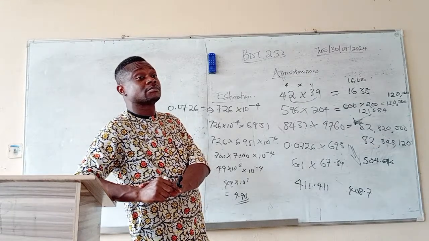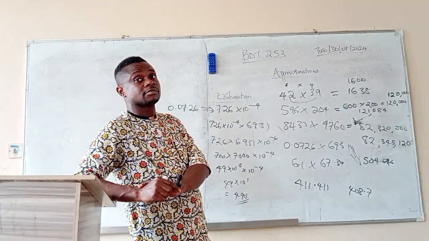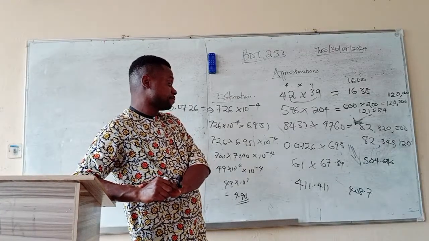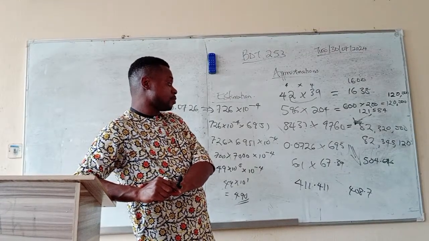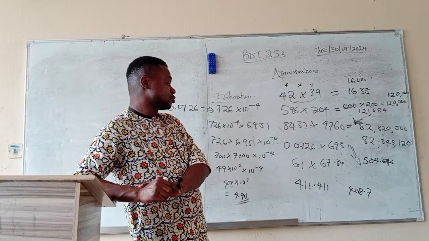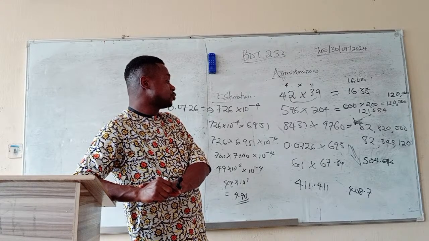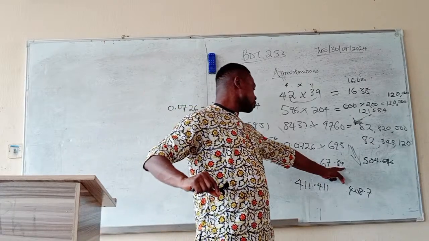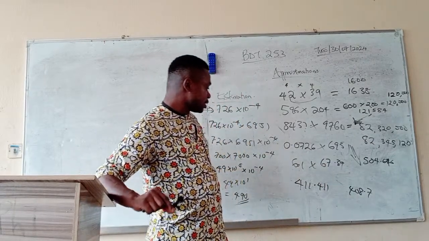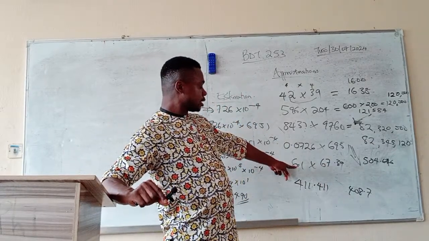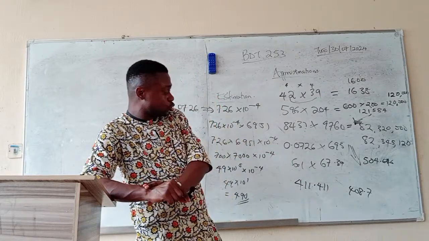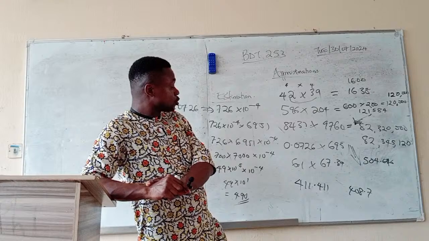What's the answer? 402. 4020, right? Because here has automatically become what? 0, right? And here is 6. So you have 402.